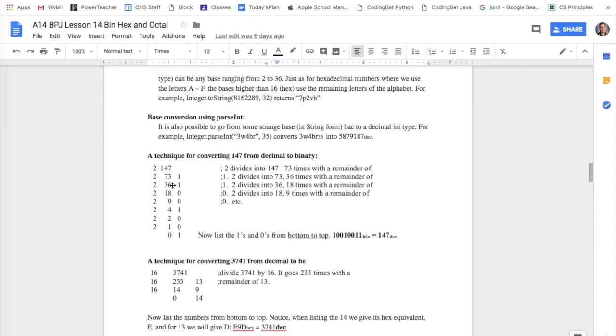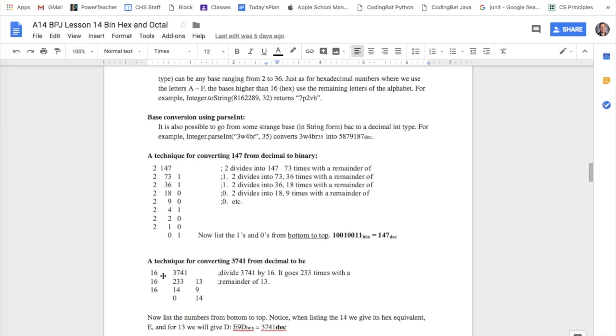Divide it by 2, you get 36 with a remainder of 1. Divide that by 2, you get 18 with a remainder of 0. So basically you keep track of the remainders, and then you read the number backwards. So the first digit is going to be the last remainder you got. So this, as a binary, would be 1 0 0 1 0 0 1 1, which is the exact same as the number 147.